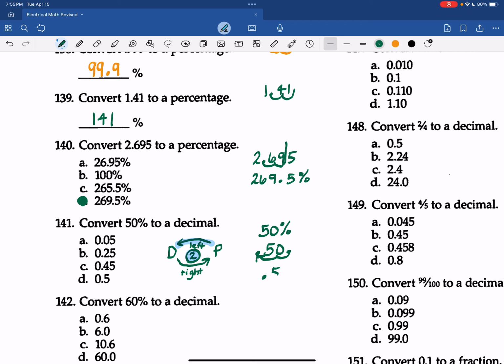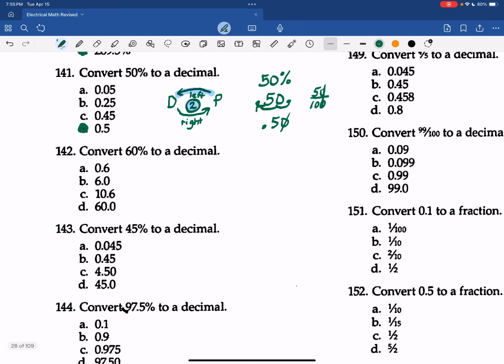In 0.50, this is an extraneous zero, because 50 hundredths gives you an extra set of zeros. So 5/10 is D. 60% to a decimal.